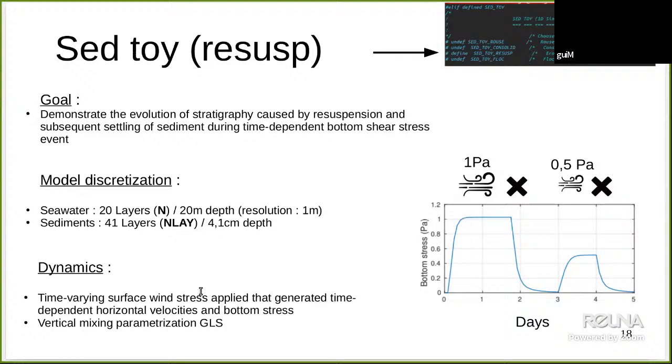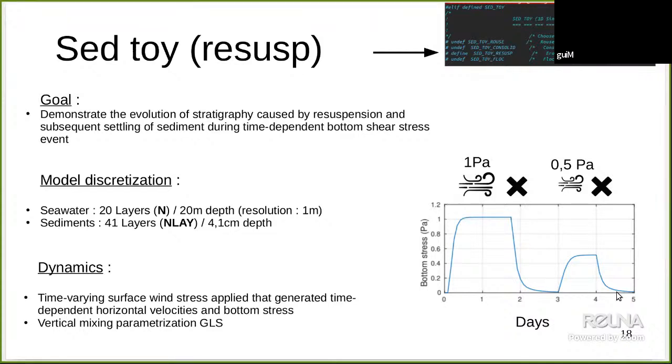And to go back to the purpose of this test case, it is to see on the dynamic what happened. Here we are using two events of wind stress, which is applied on the surface and generates horizontal velocities in the column, and that generates bottom stress. That is on the right. You see the first event.